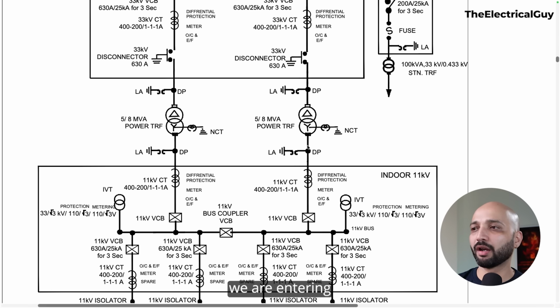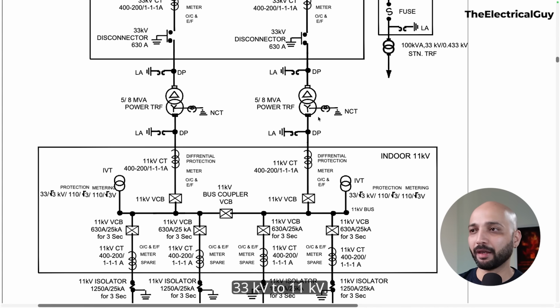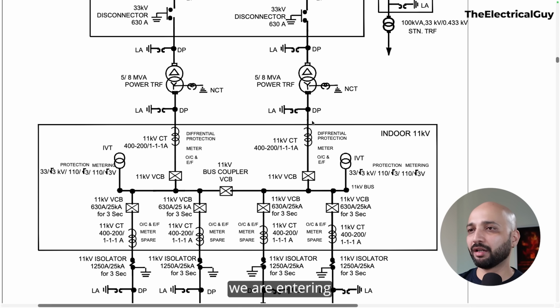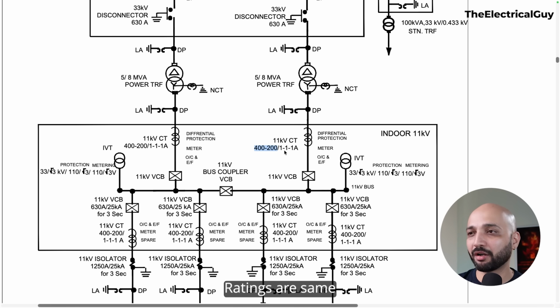And from that, now we are entering into the 11 kV side, because this transformer will step down 33 kV to 11 kV. So with 11 kV, we are entering into the indoor switchgear, which is AIS type, you can see. And the first device that you see is differential protection and metering, and basically the current transformer. So again, it's an 11 kV CT, ratings are the same, 400 by 200.